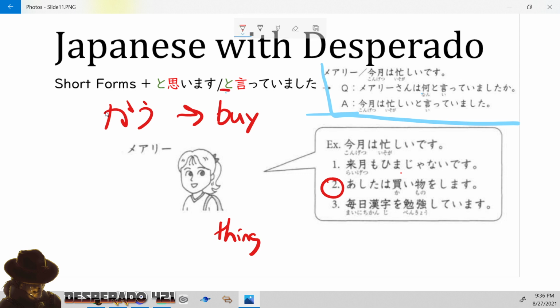So let's try and do that with iteimashita. Would it just be Meri-san wa? Oh, sorry. So ite or to mo or to. What is it again? To iteimashita.